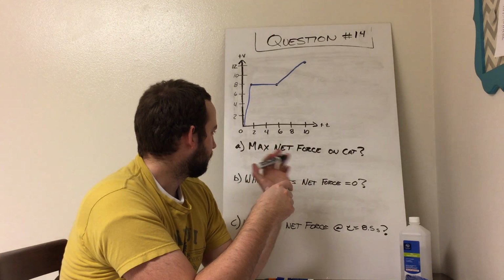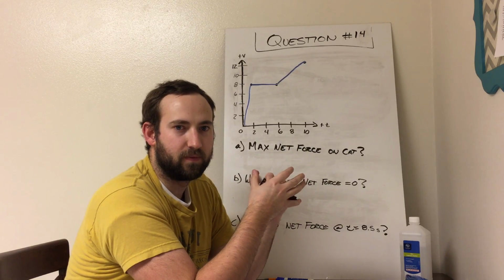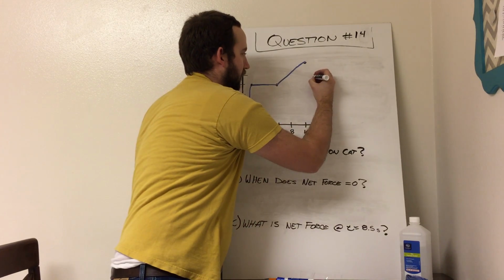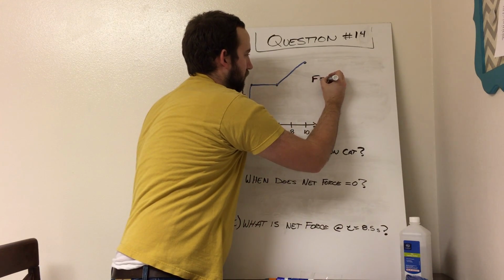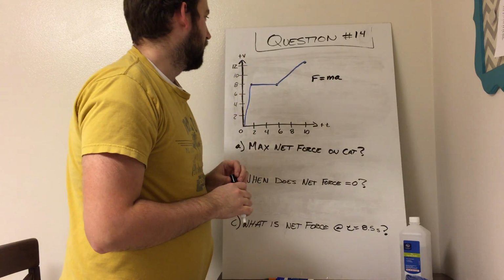Part A wants to know the maximum net force on the cat. As we know, force equals mass times acceleration.